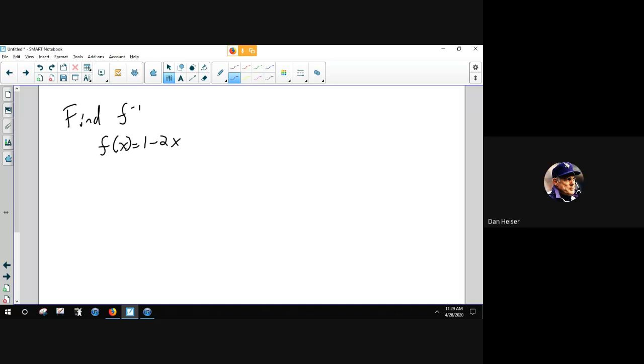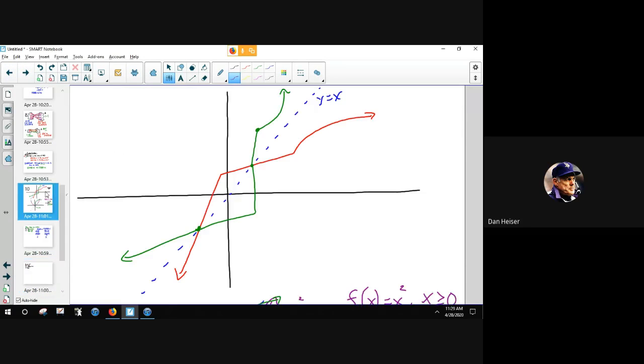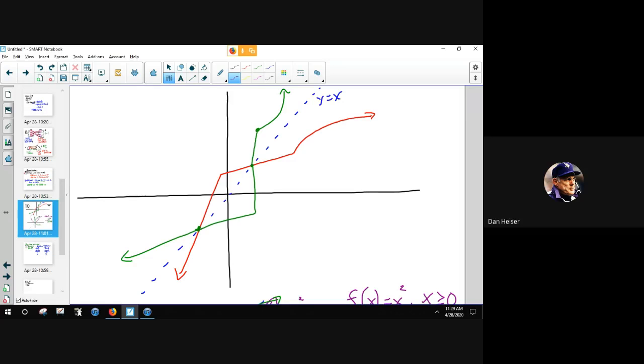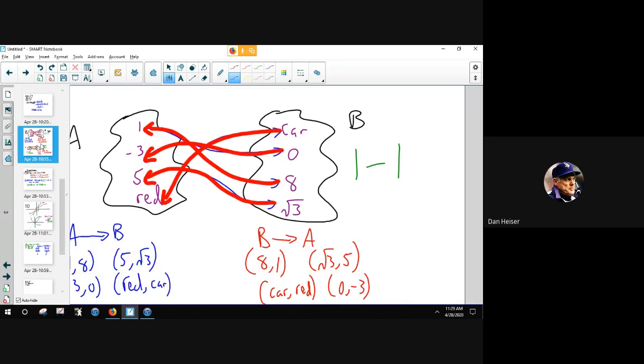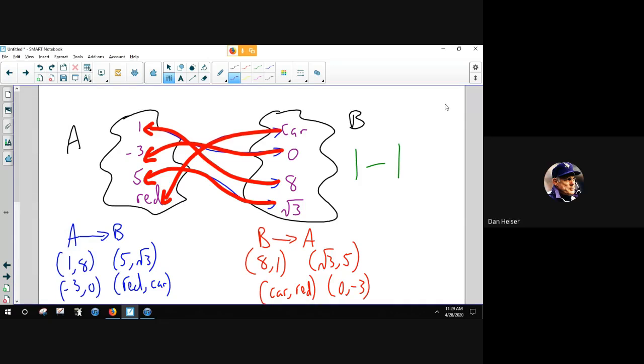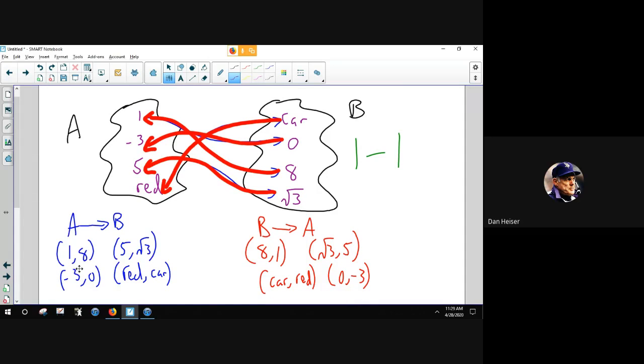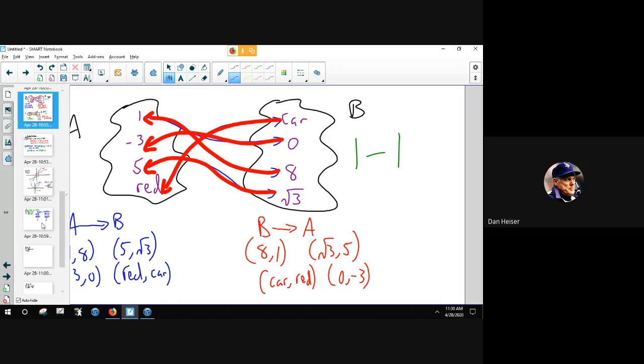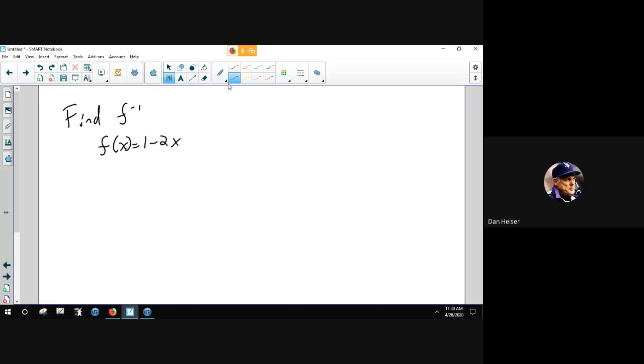I'm going to back up a few pages here to this graph. Actually, let's go all the way back to the beginning. Let's go back to here. When we went from A to B and then from B to A, we saw what happened. The x's got switched with the y's. That's our key to finding an inverse.